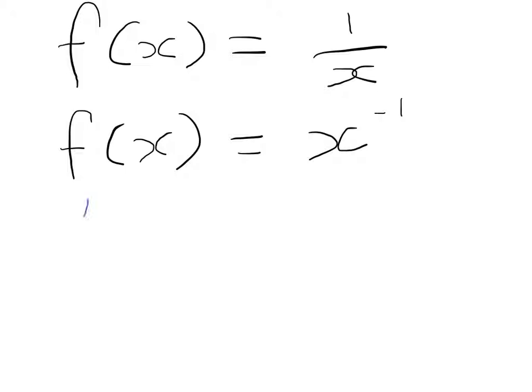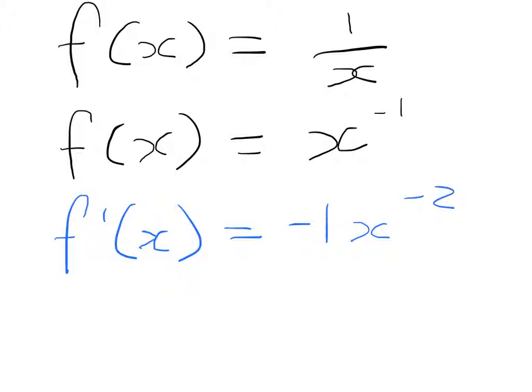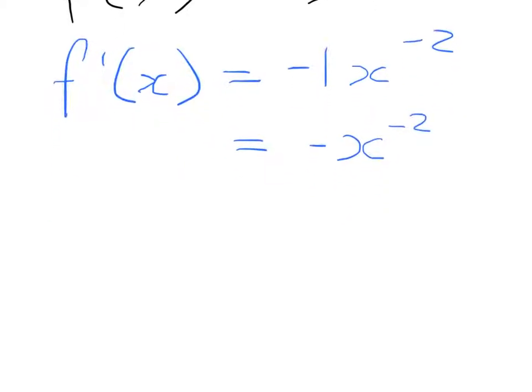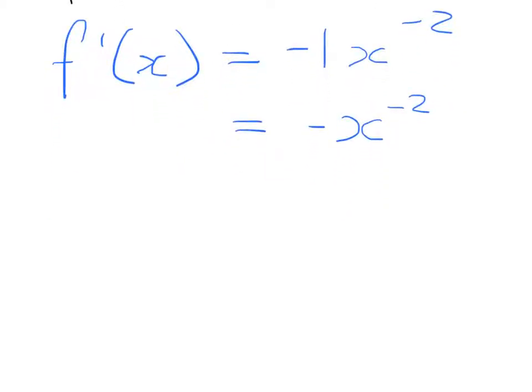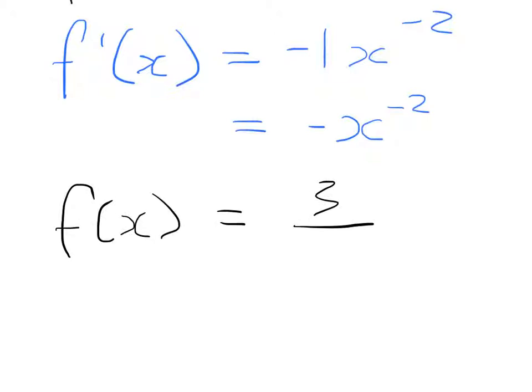And once we've got that, f dash of x equals negative 1 x to the power of negative 2, which equals negative x to the power of negative 2. Hopefully you see how that works. Here's a slightly harder version of that question. F of x equals 3 over x squared.